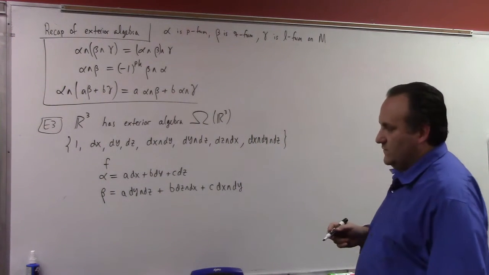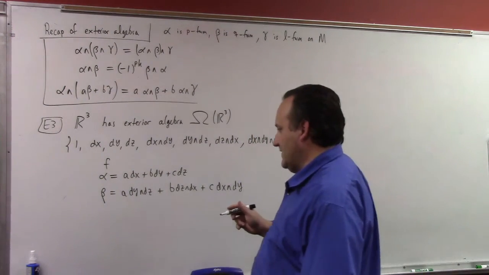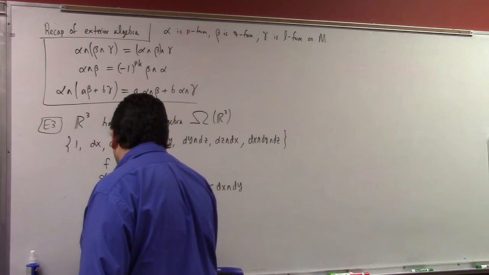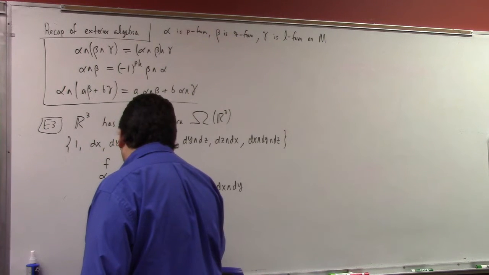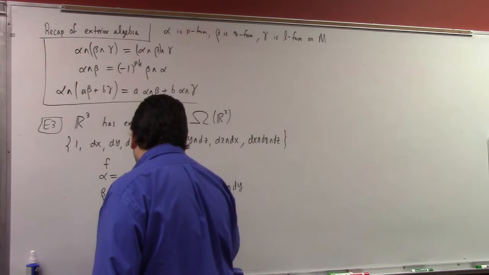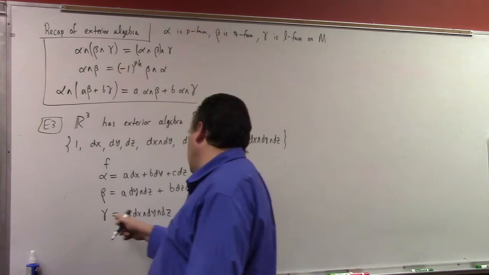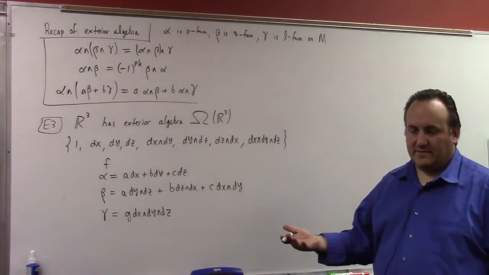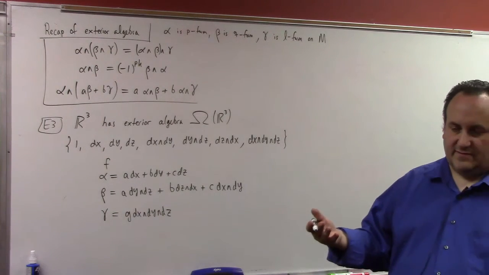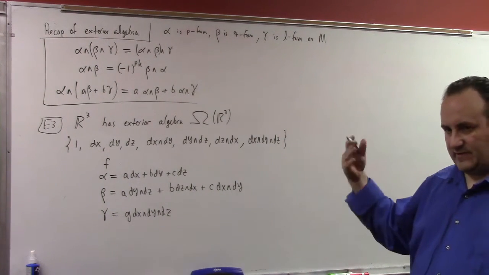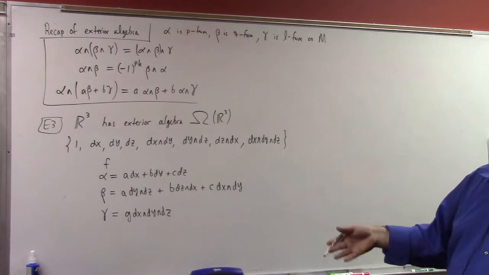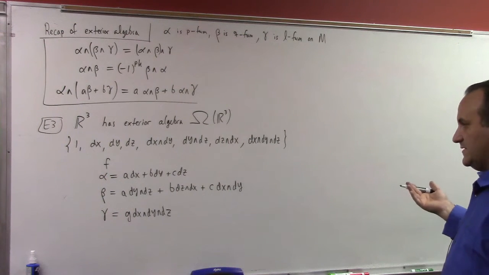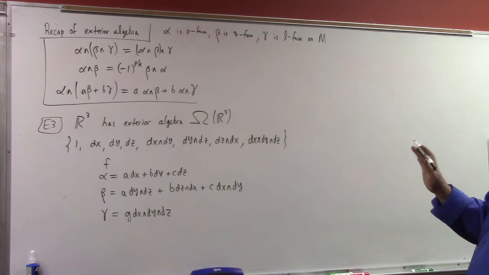And I would still like to use the notation we used before. Then there's gamma, which is something like g dx wedge dy wedge dz, okay? That's the so-called top form. That's the only 3-form, but g is a function, right? So technically we're not talking about a basis in the sense of linear algebra here, because now they're smooth functions. It is something called a module. We could say that, but let's focus here.